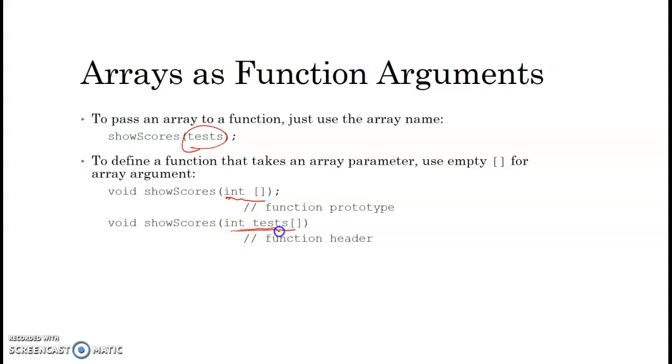This is just telling me that this function is accepting an array as its argument to use within the body of the function. So we call by passing the entire array.